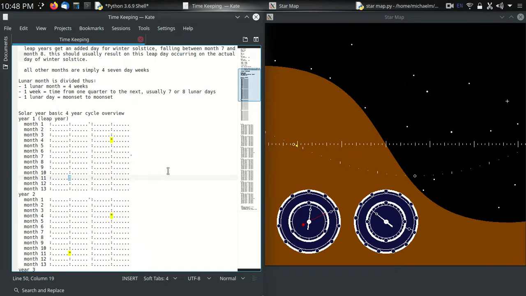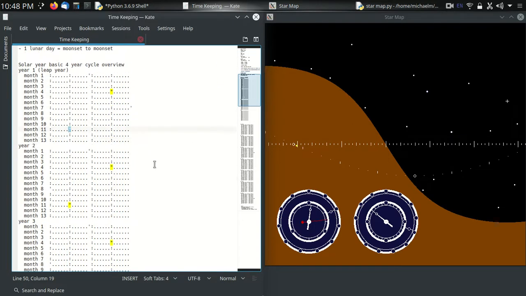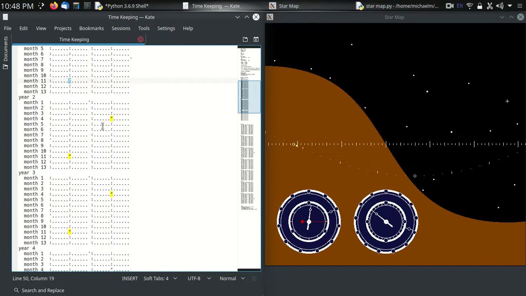Because the Earth's orbit has a little bit of eccentricity, it's not going to line up exactly perfectly, but it'll be very, very close. And then the other 3 years in the cycle just don't have this addition of a day.